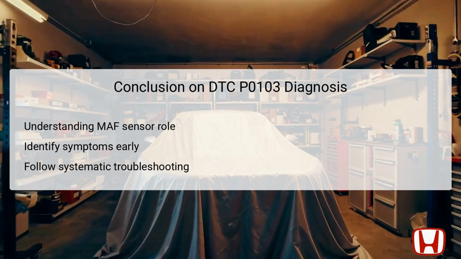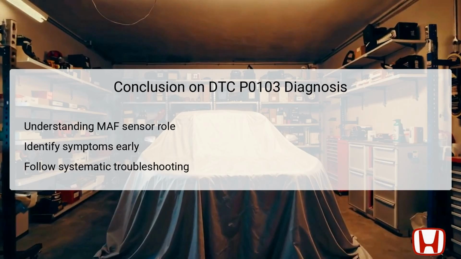In conclusion, understanding the role of the MAF sensor is crucial in diagnosing DTC P0103 effectively. Recognizing the symptoms, such as poor engine performance and the check engine light, can lead to early identification of the issue. Following a systematic troubleshooting approach ensures that all possible causes are examined, from faulty sensors to wiring issues.